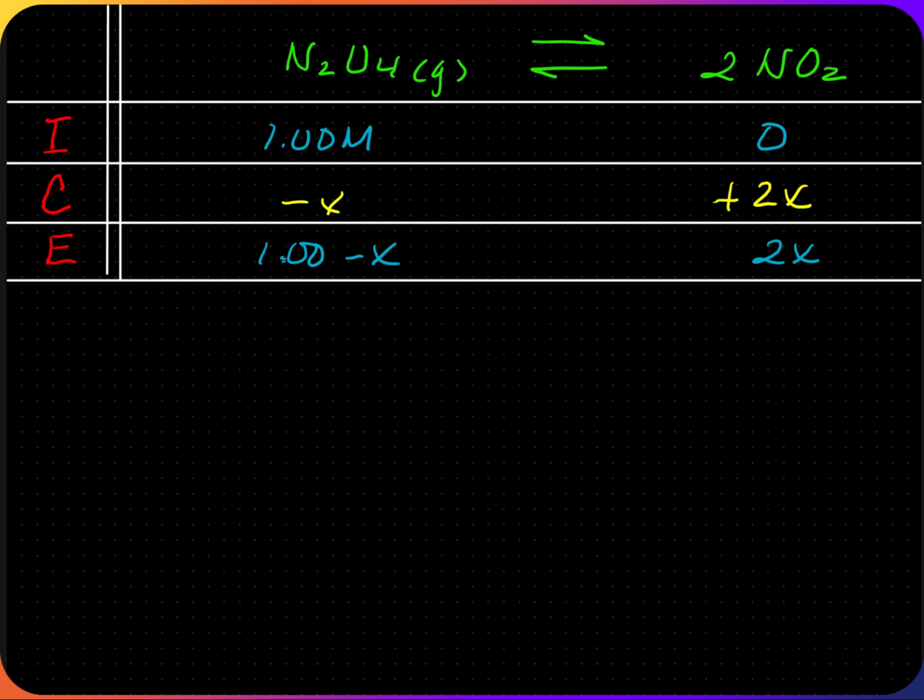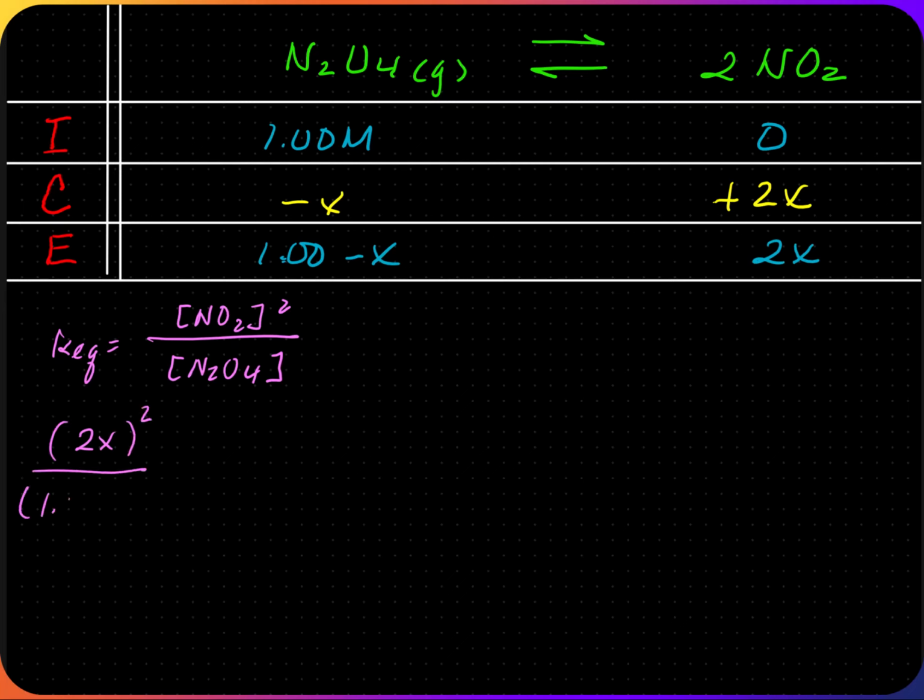So first thing I need to do is write my equilibrium expression, which is K_eq is equal to NO2 squared divided by N2O4. So plugging my values in, it's going to be 2x squared divided by 1.00 minus x.